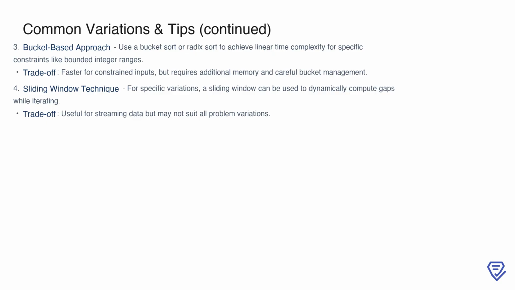Another alternative is the sliding window technique, which is well suited for variations involving streaming data. With this method, you can dynamically compute gaps as you iterate through the input. However, this approach may not be applicable to all variations of the problem, as it depends on specific requirements. Ultimately, the method you choose will depend on the problem constraints and the trade-offs between time complexity, memory usage, and implementation complexity.